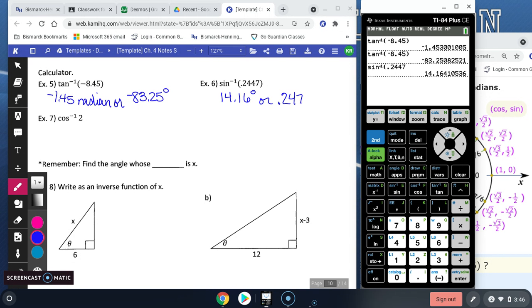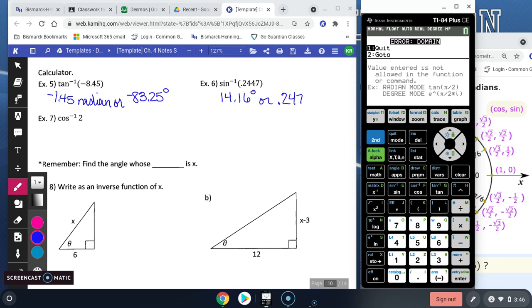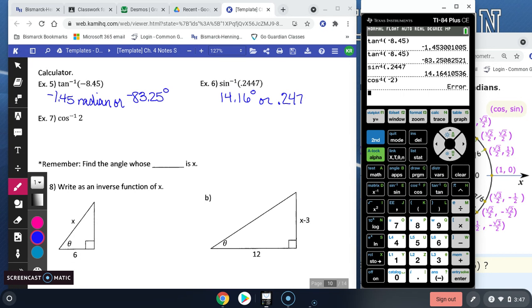Okay, example 7, inverse cosine of negative 2, and you get an error message. Well, what's happening? It's undefined. Actually, I should put undefined. Think about your cosine graph. When you graph cosine, it oscillates between +1 and -1.